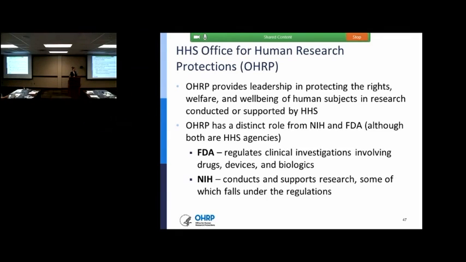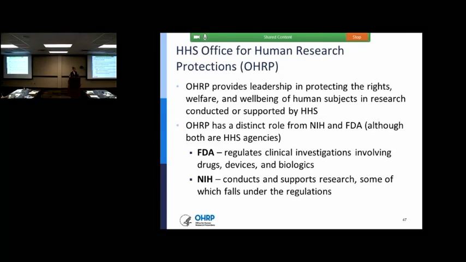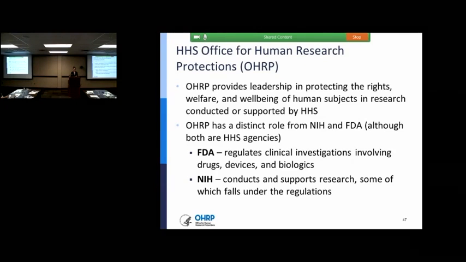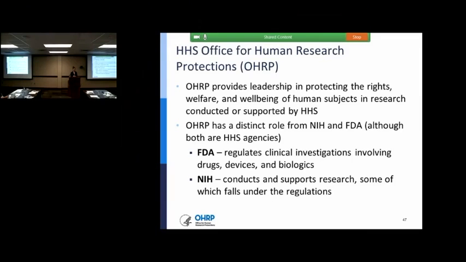So OHRP as an office has very distinct roles from what you might also think would play a role in human research protections, which is FDA and the NIH. And so we often find there's a lot of confusion of exactly who we are, where we sit in the structure, but we're part of HHS. FDA and NIH are also part of HHS.